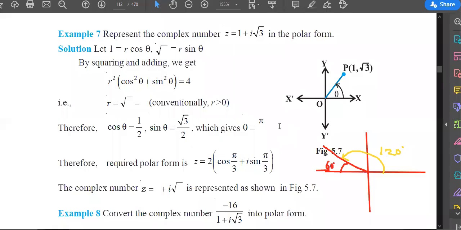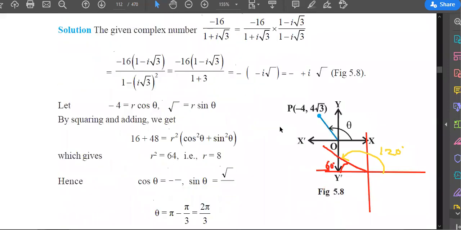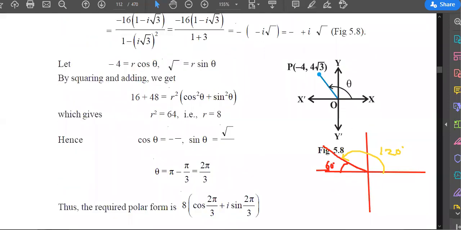So see, 8 cos 2 pi by 3, which is 120 degree, plus I sin 2 pi by 3.